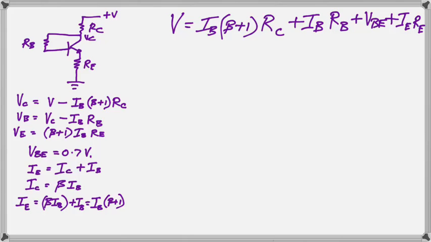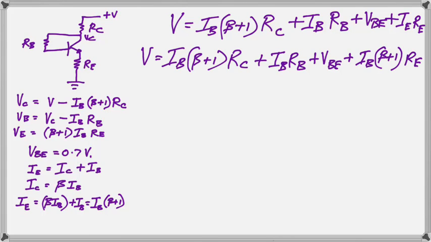And this time the only change between this V and the last V we were doing is that we now have beta plus 1 IB as both the collector resistor current and the emitter resistor current. And when we substitute there, we have 4 terms. Let's just do that and you'll see it.